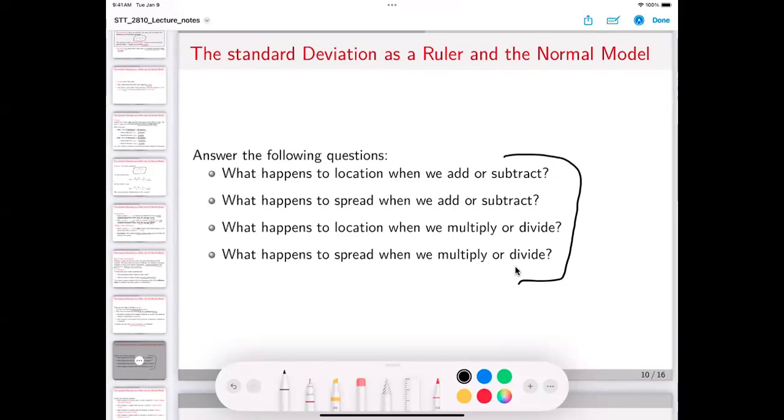And also what happens to the location when we multiply or divide? And then also what happens to the spread when we multiply or divide? So please write these questions down. So this is going to help us to answer questions about shifting and then scaling. Is that okay?